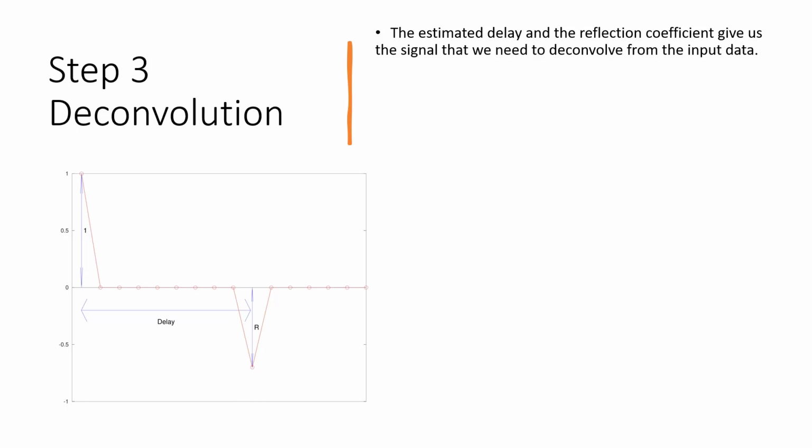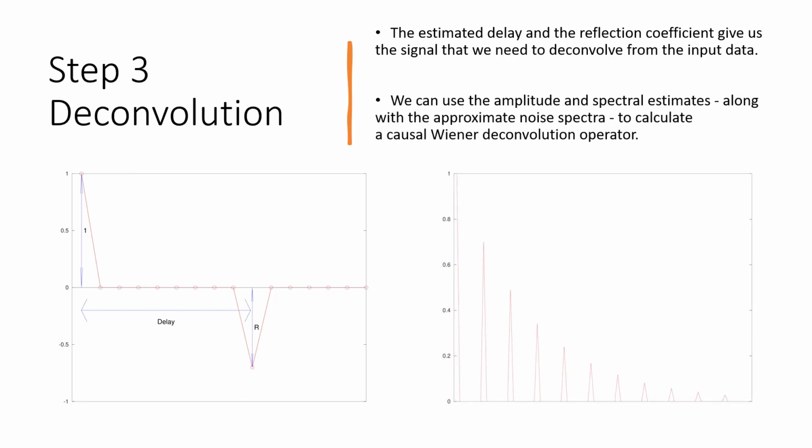After a certain delay, there's a negative reflection, which has amplitude R. We want to deconvolve that from the signal, so we produce a causal Wiener deconvolution operator. And as I said before, the deconvolution operator is enhanced by the fact that we've actually got a good handle on the frequency spectra of the signal we're after.